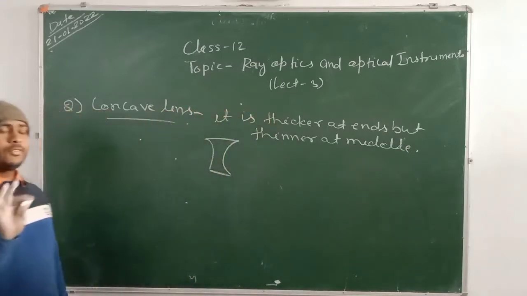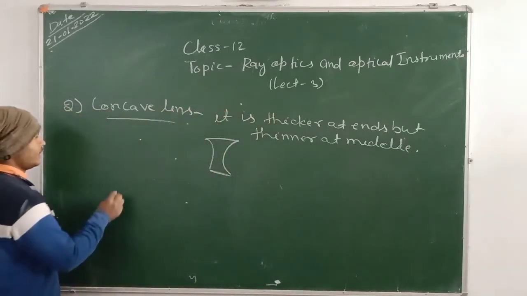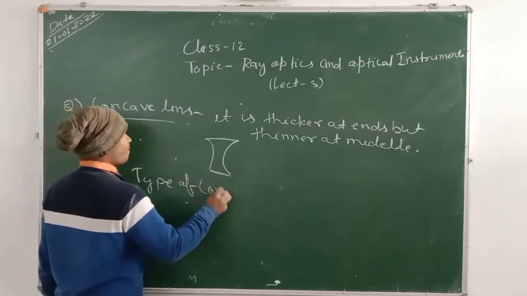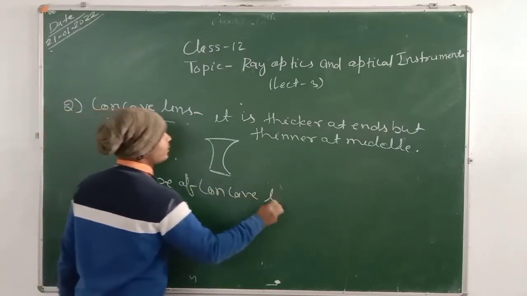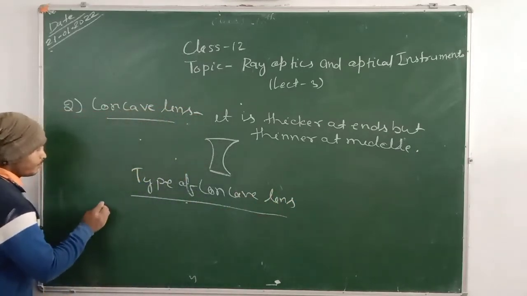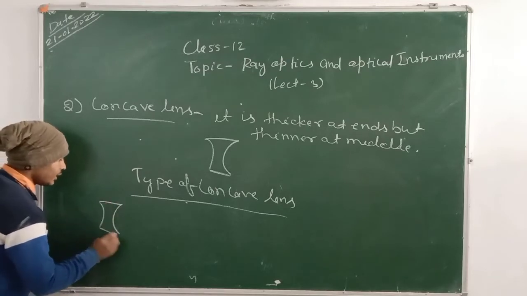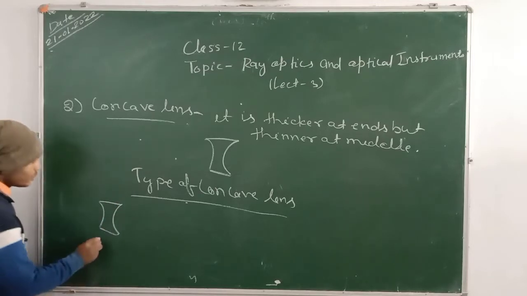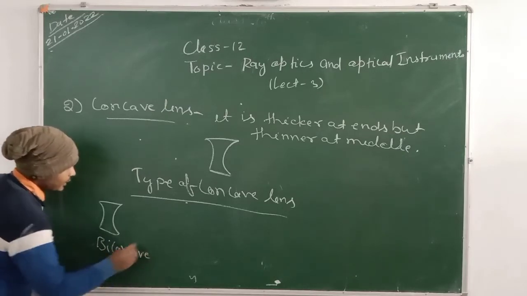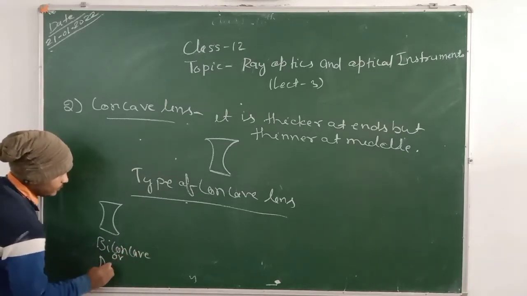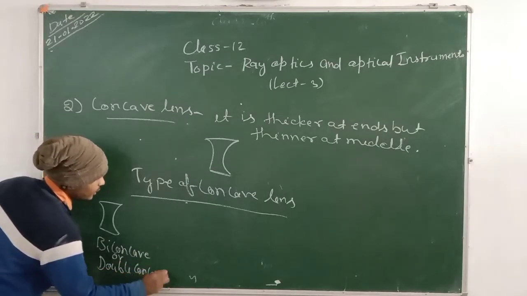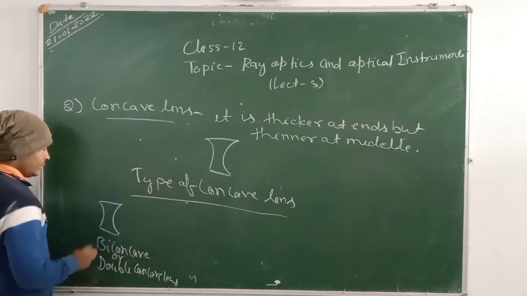There are three kinds of concave lens. Means I am writing here types of concave lens. Is it clear? First one is the biconcave or double concave lens. It is your first lens.